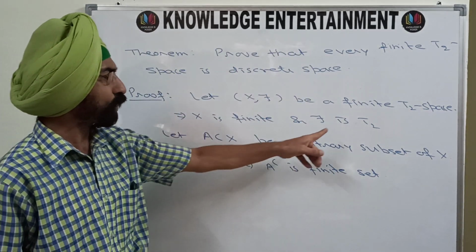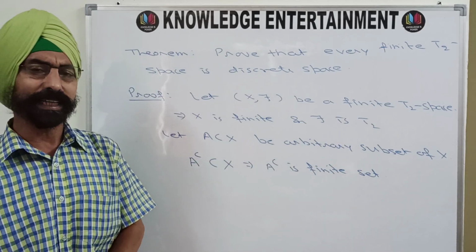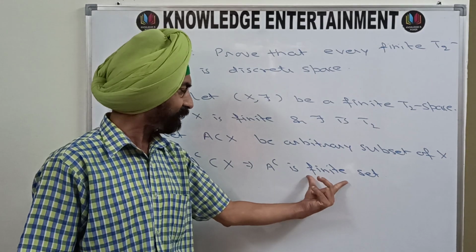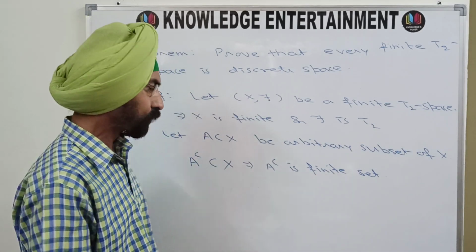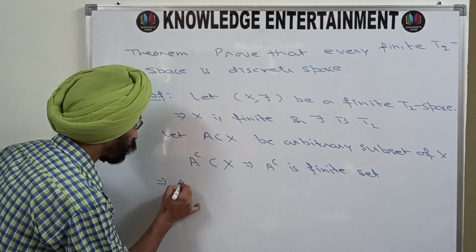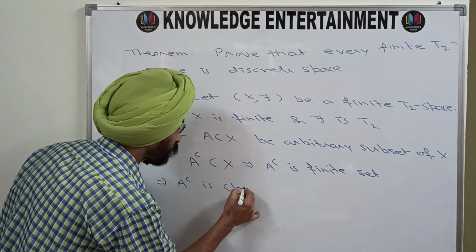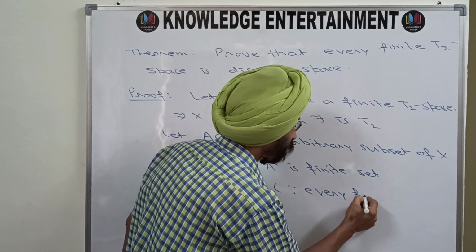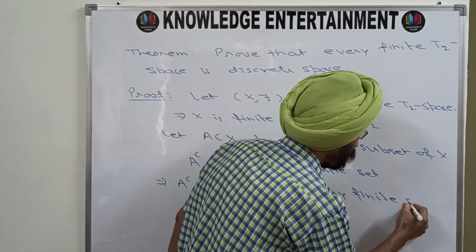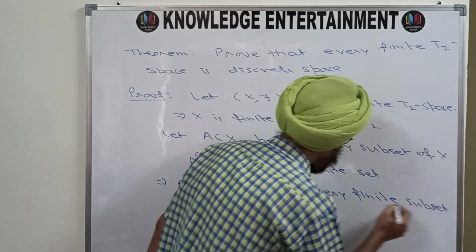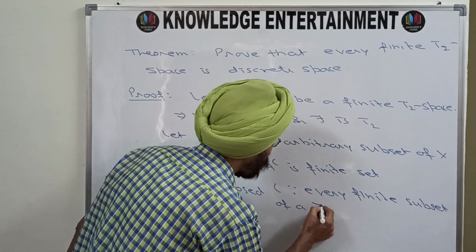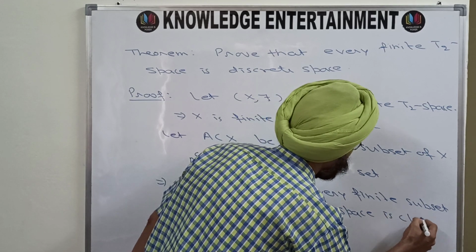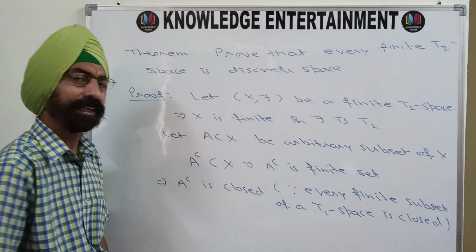And your topology is T2. We have already proved that in a Hausdorff space, in a T2 space, every finite set is closed. So this means A complement is closed, because every finite subset of a T2 space is closed. The reason I have written here.